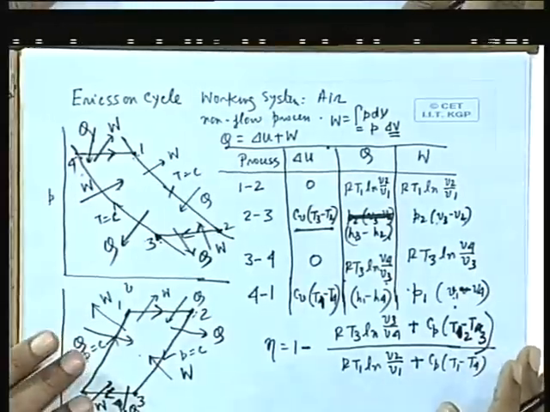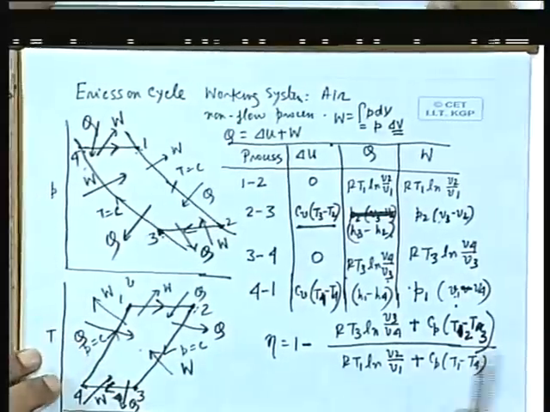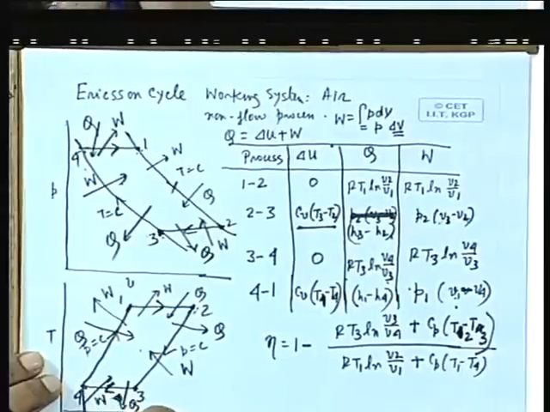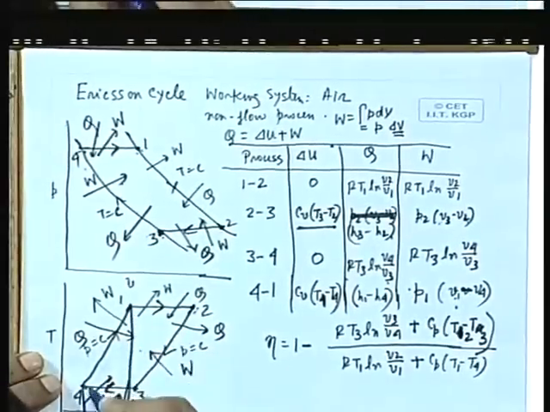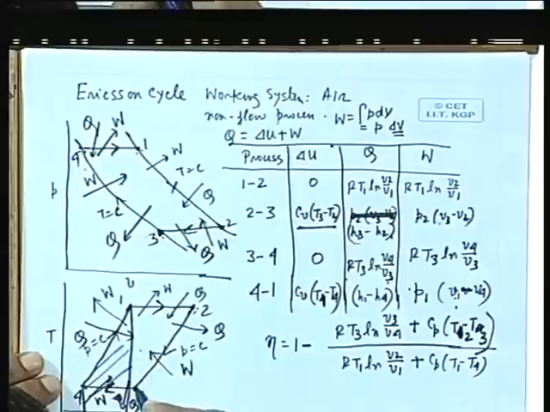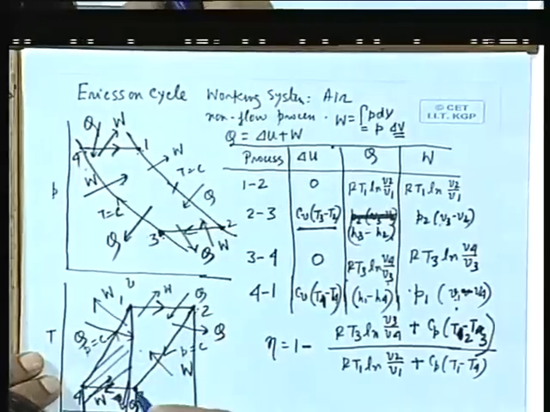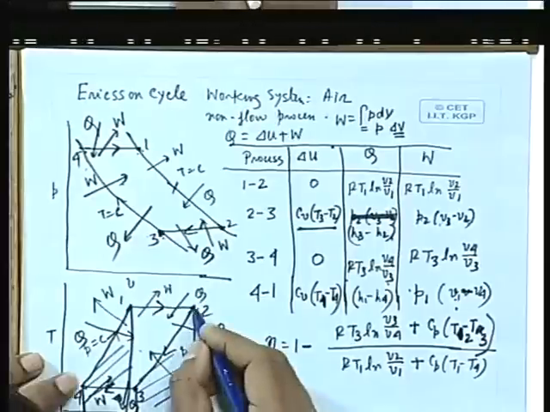Now again, if we consider a regeneration concept in a similar way, the heat added in the process 4-1 can be supplied by cooling the working system in the process 2-3.